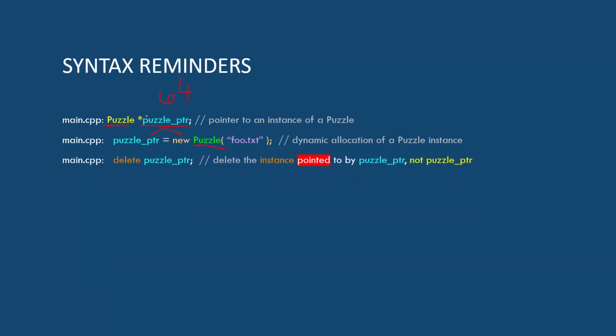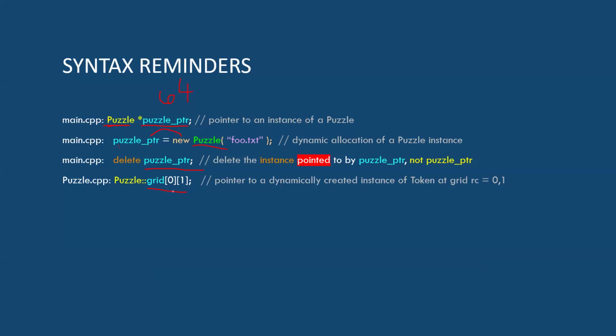Apples and apples. And then later on, if I want to delete what puzzle points to, right? I'm not deleting the puzzle variable. I'm deleting what it's pointing to. That's what delete will do for me, okay? And this right here is a pointer. So if I say grid row 0, column 1, it's going to give me the pointer to the token that I need to draw at that location, okay?